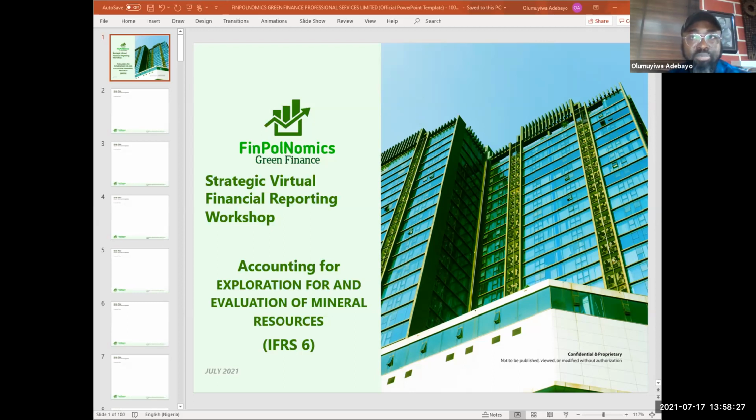Okay, assets of exploration and evaluation of mineral resources are specifically excluded from the requirements of IAS 16, IAS 38, and any other standard as the case may be.